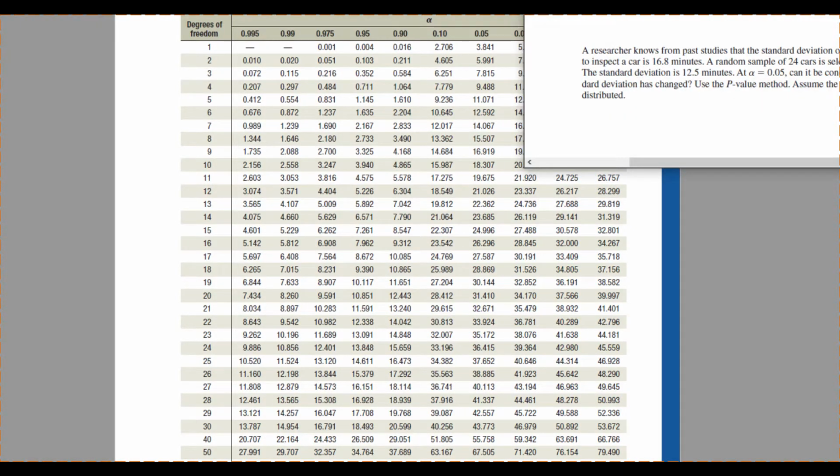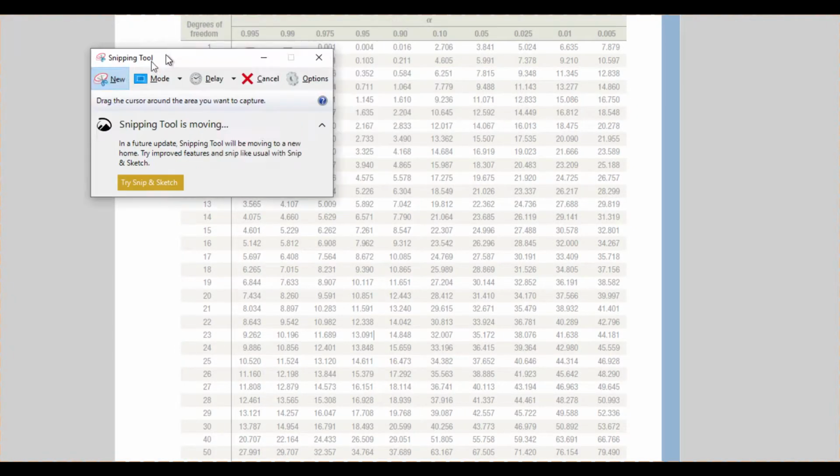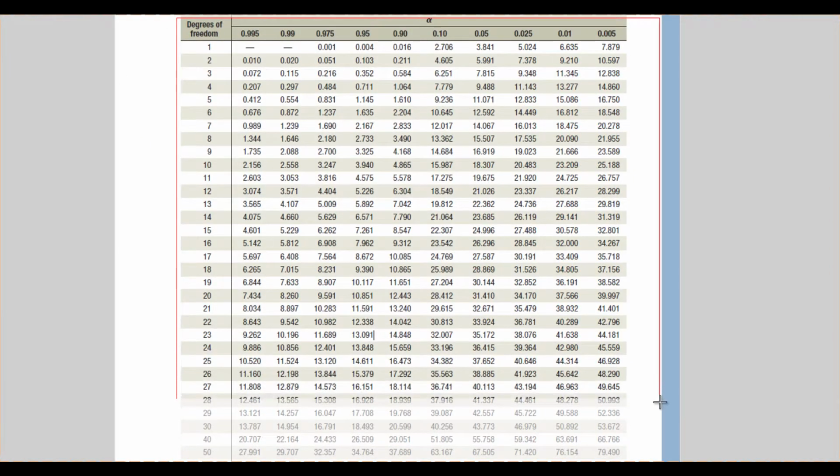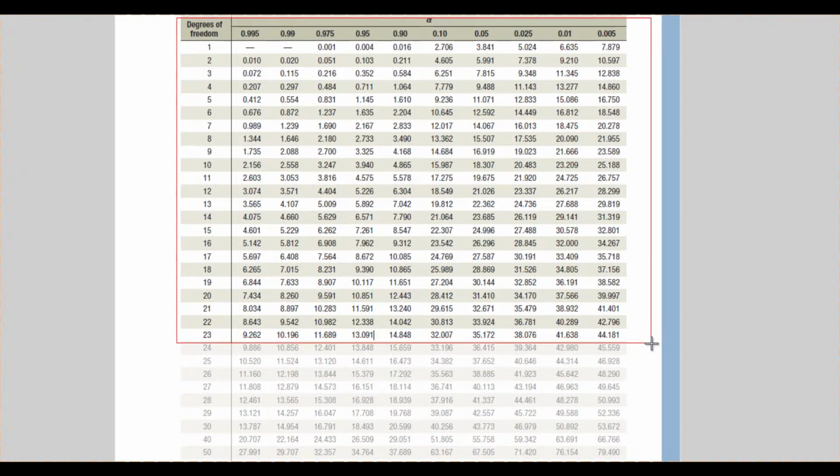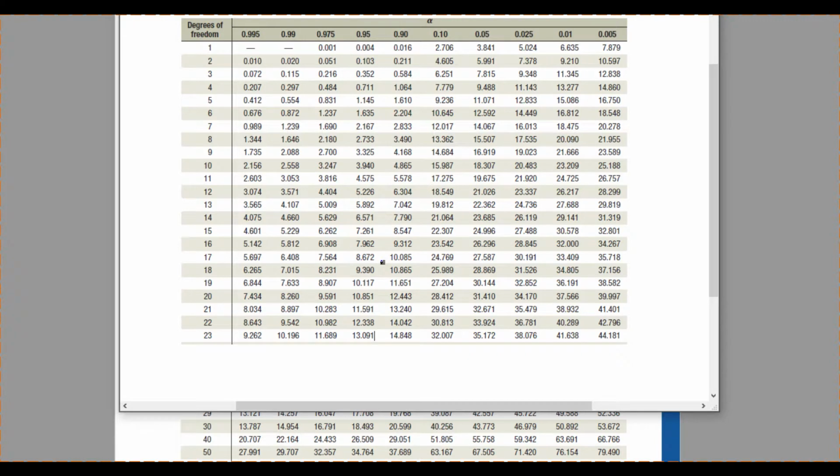Here is a degree of freedom of 22, and we're between here and here. However, this is the halfway point for the table. Everything here is the left side, and this is the right side, which is why the values change from 0.9 to 0.10.